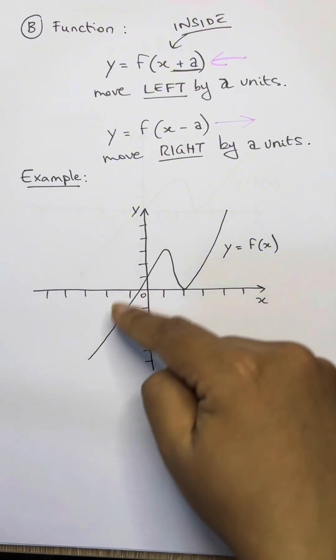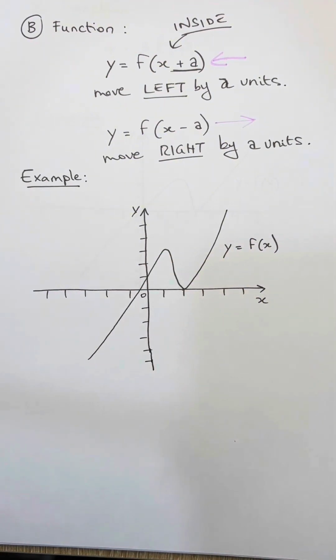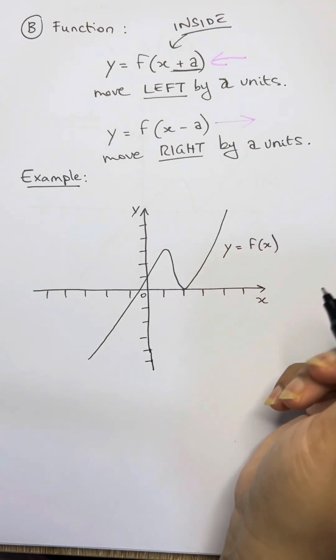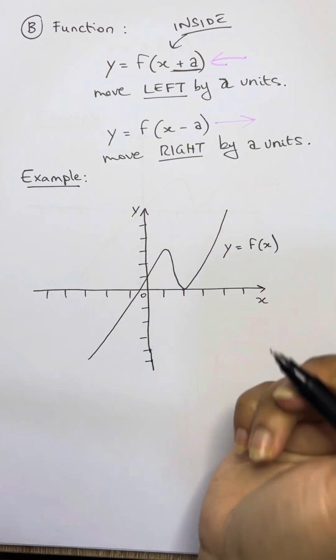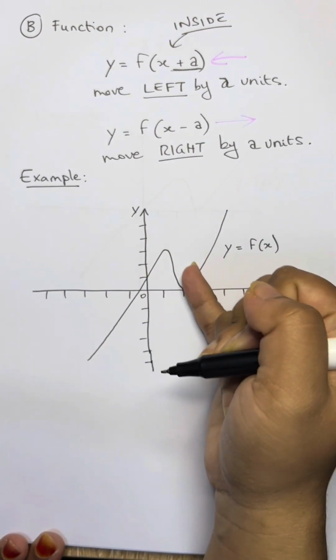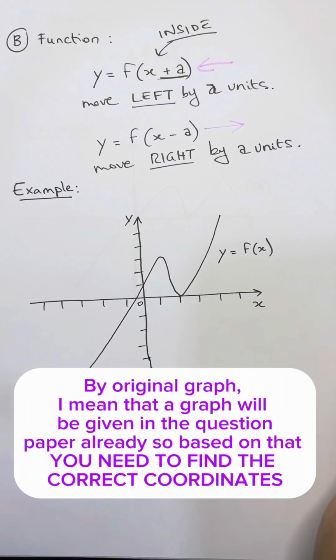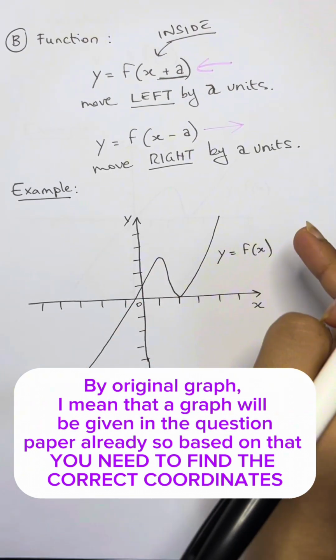So again, I've got my original graph, which is y equals f of x. In this case, I need to think of in which direction the change is going to happen. So again, let's find the coordinate of the original graph. By original graph, I mean the graph that will be given to you in the question already.